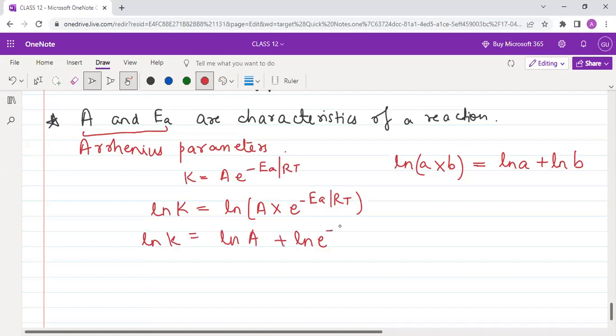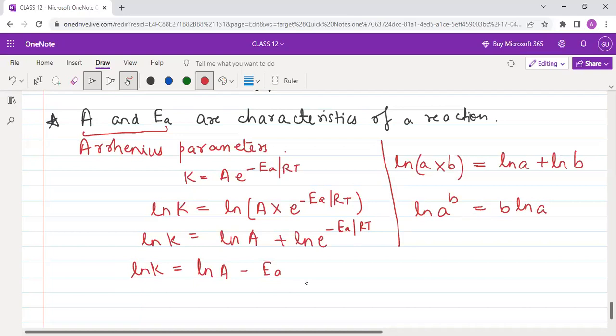Now you have to remember this property that ln A to the power B is equal to B ln A. The power comes in front. So it will become ln K is equal to ln A, and this power minus EA by RT will come in front and the remaining is ln e. The value of ln e is 1.